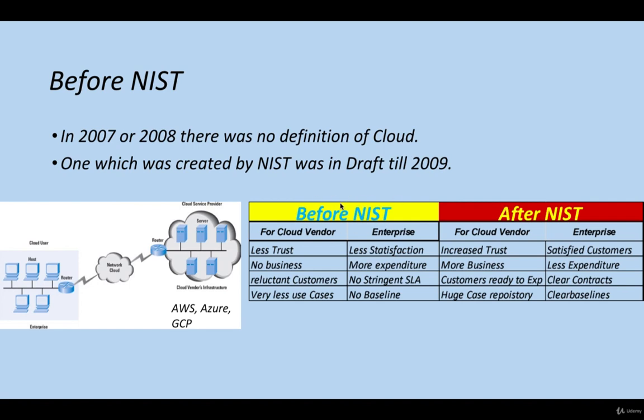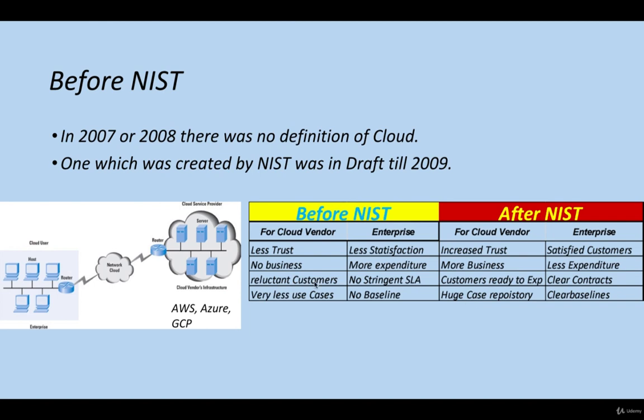Earlier, they were all struggling, and cloud vendors were not getting that kind of business, users were not getting that kind of services. So after NIST, you can say there were satisfied customers, less expenditure, and transparency in the billing. So one organization is not being charged for the other. So clear contracts and clear baselines for the enterprises.